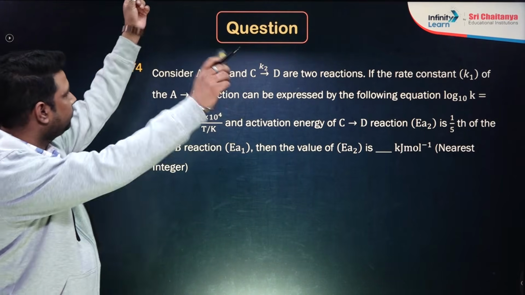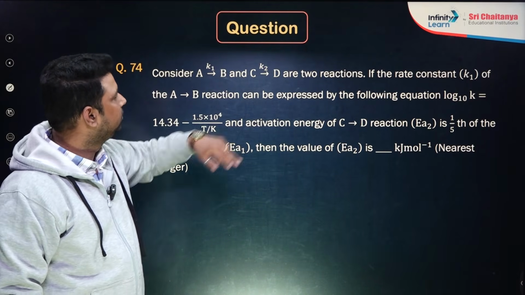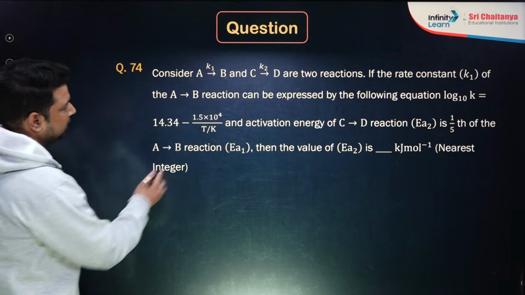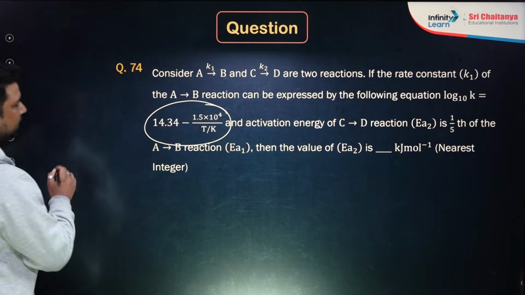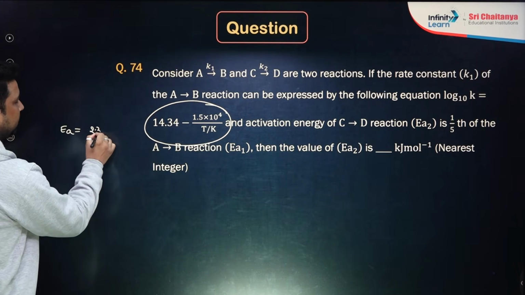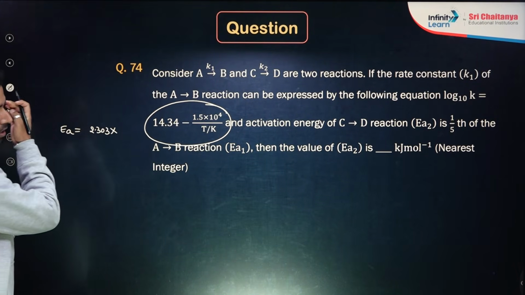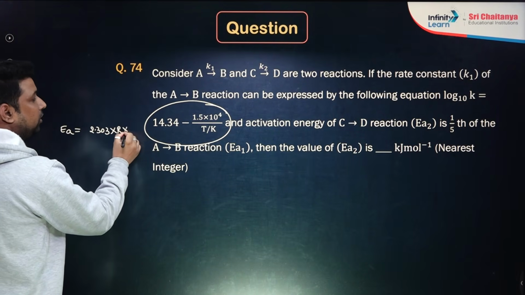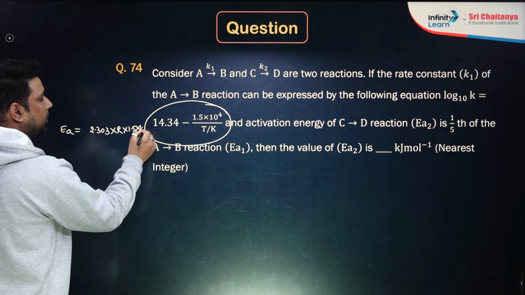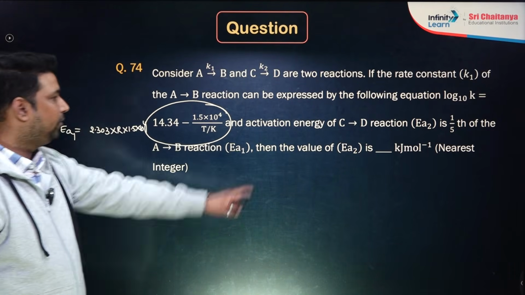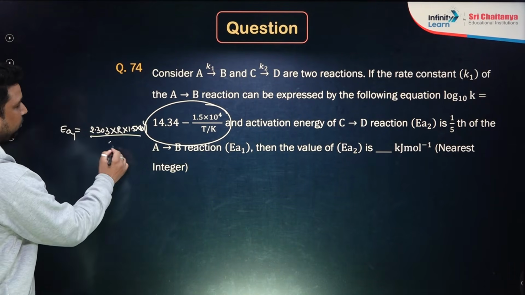Next part. A changes to B, C changes to D, with K1 and K2. This equation is given to you, and we can calculate the activation energy. Activation energy will be equal to 2.303 into R, with the 1.5 into 10 raised to the power 4. It is EA1, and 1/5 means we have to divide by 5 also.